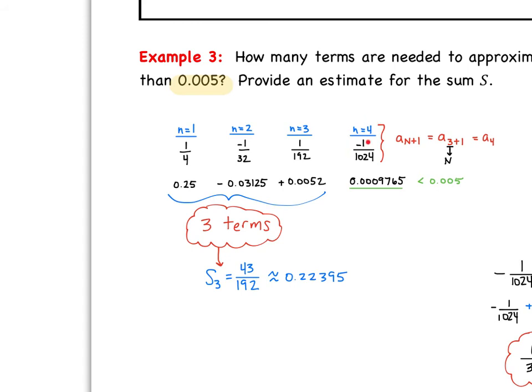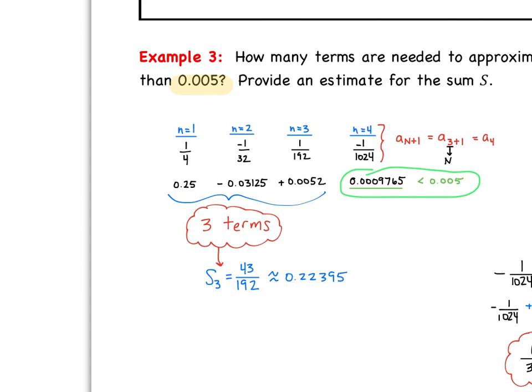If I go to the fourth term, negative 1 over 1024, again just looking at the absolute value, we get 0.009765. This is less than 0.005. So this is going to help us figure out some things.